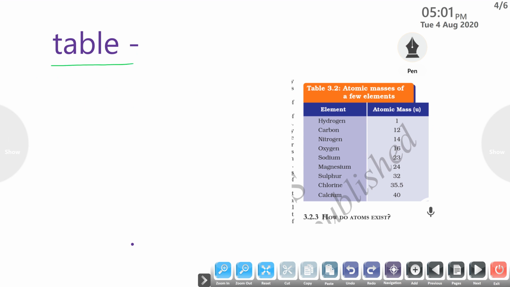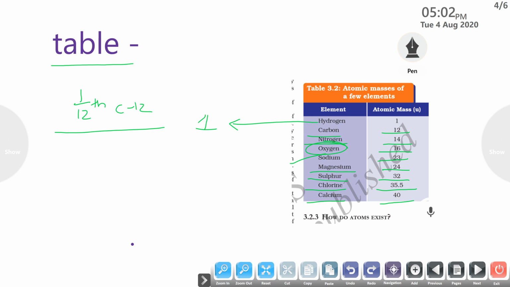In the table, hydrogen has atomic mass 1, carbon 12, nitrogen 14, oxygen 16, sodium 23, magnesium 24, sulfur 32, chlorine 35.5, and calcium 40. All these atomic masses of the different elements can be measured with the help of 1/12 of the carbon-12 isotope.